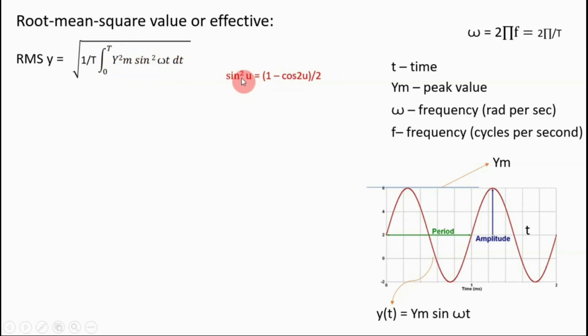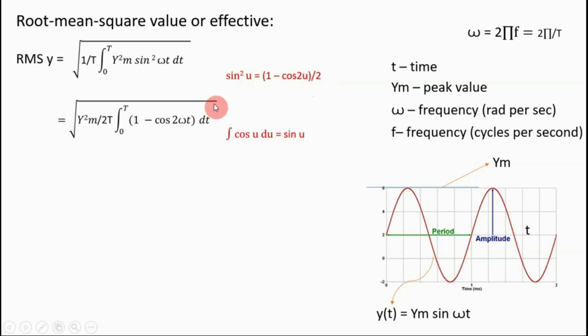So you take sine squared u is equal to 1 minus cosine 2u over 2. And then you place it on the left side of the integral sign. It now becomes ym squared over 2t. The 2t here, the 2 comes from the division by 2 of the trigonometric identity.